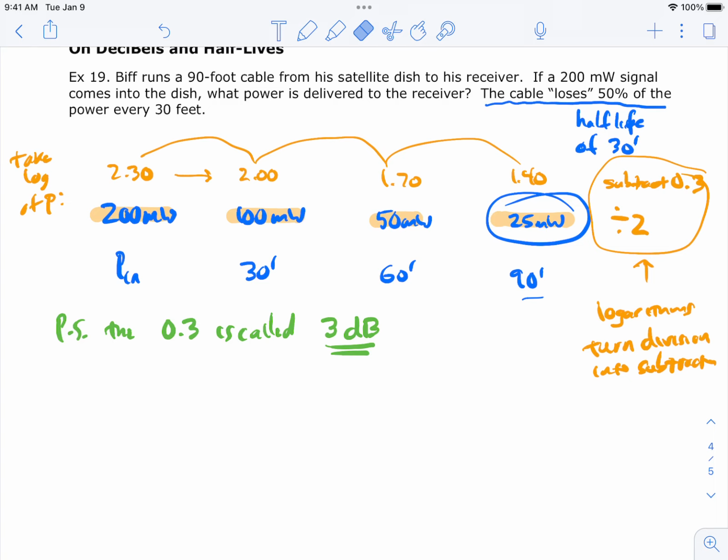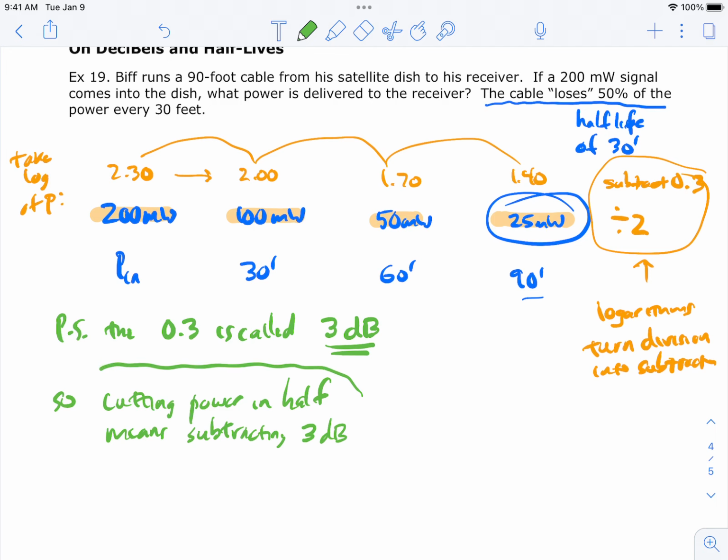So cutting power in half means subtracting 3 decibels. And that's the big mantra for this part of the lesson. Cutting the power in half means subtracting 3 decibels.